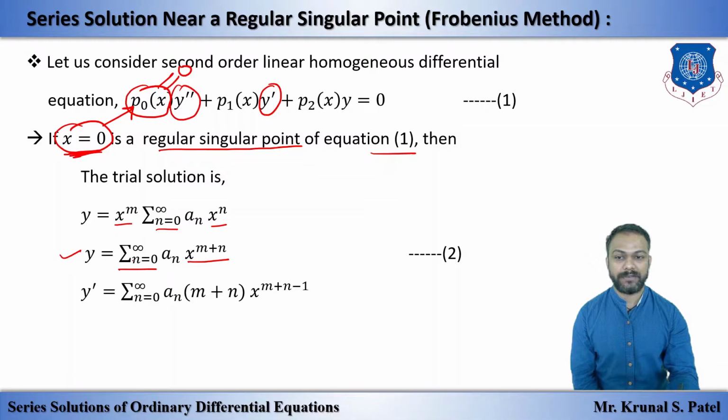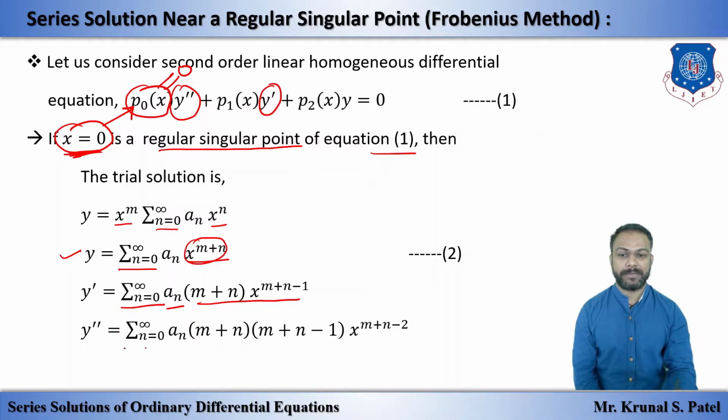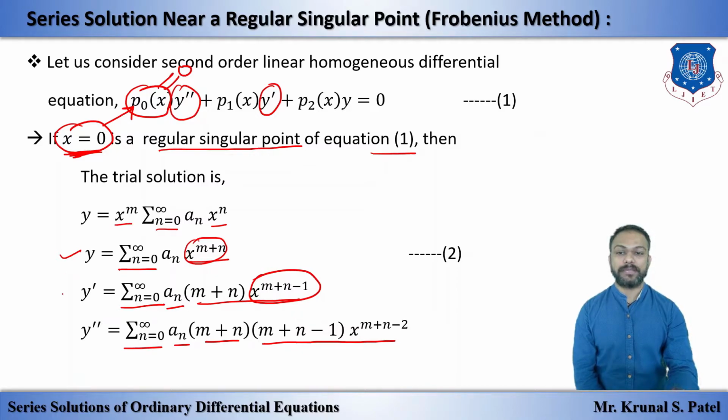So y dash is equal to sigma as it is, a n constant as it is, and differentiation gives m plus n x raised to m plus n minus 1. Similarly y double dash is sigma a n, m plus n as it is, and differentiation of this term gives m plus n minus 1 into x raised to m plus n minus 2.